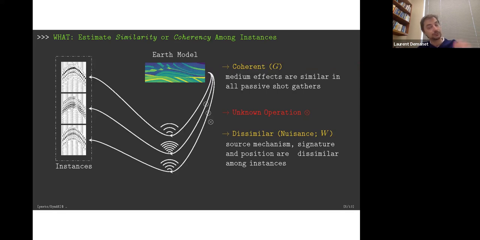The Earth's model is super high dimensional, but corresponds to the idea of what is the coherent information that used to be the digit 0 to 9. Now we're talking about a map of a parameter as a function of x, y, z. But morally speaking, it's the same situation as we saw before: coherent components and dissimilar components in the explanation.